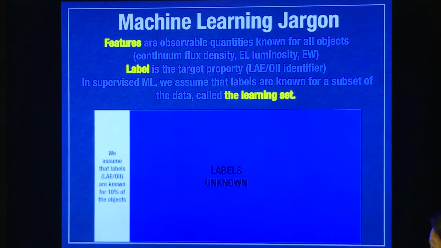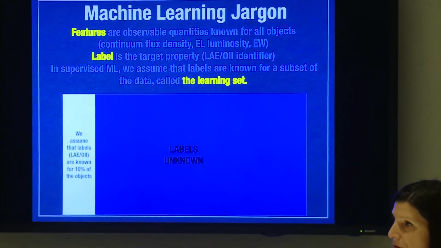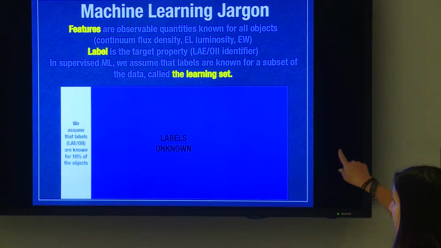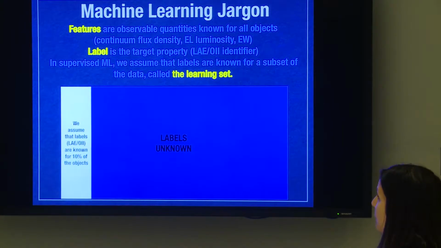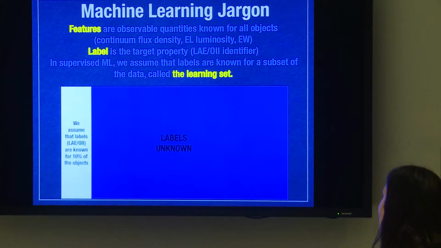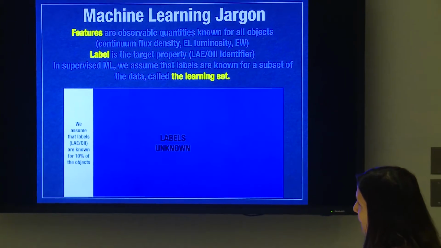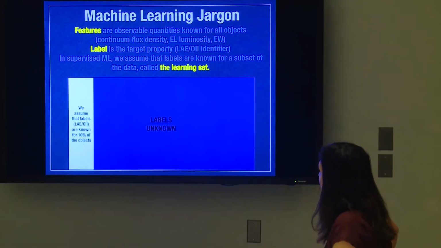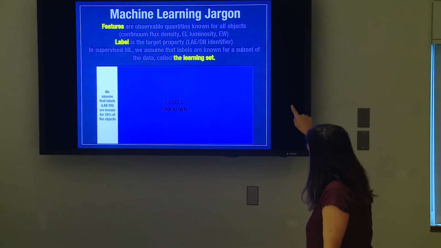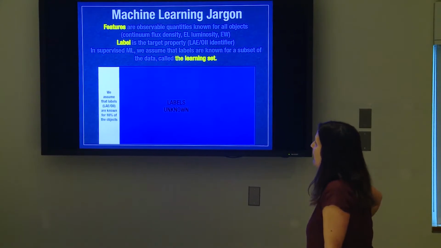So I'll just go through this machine learning jargon, although it may be redundant for you guys. Basically, the features will be the quantities that are observable for all objects. In this case, they're quite simple. There's only 3 of them. Continuum flux density, the emission line luminosity, and actually, no, there's another one, the wavelength, and the equivalent width.